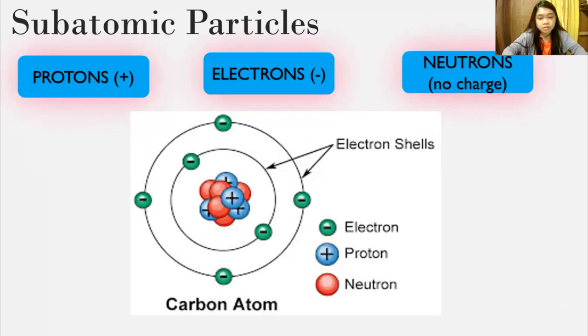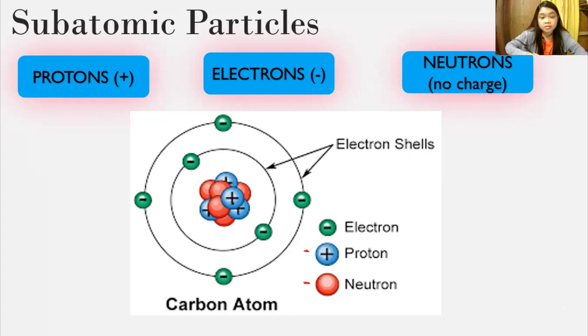Here, we look closely at the subatomic particles of a carbon atom. As you can see, the whole area is the nucleus. The center part contains the protons, which are positively charged, the blue ones here, and the neutrons, the red ones.